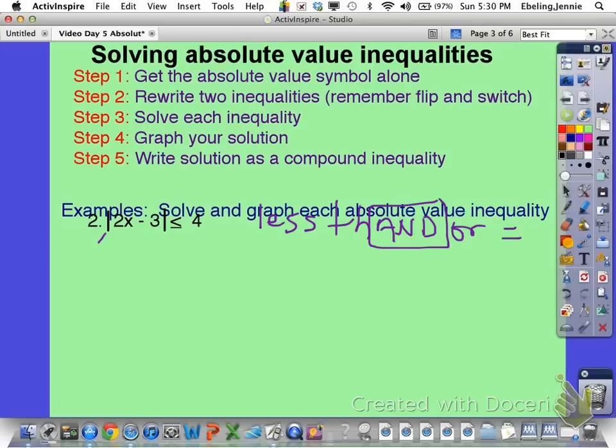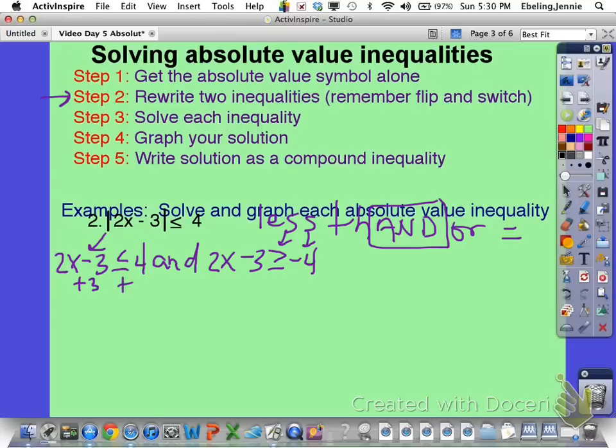So when you go to translate it, you can write it as 2x minus 3 less than or equal to 4. And remember that first inequality on the left should look identical to what's up in number 2, except no absolute value bars. The second inequality I write is going to be 2x minus 3 greater than or equal to negative 4, because I have to do a flip and a flip on the last two pieces, as step 2 up above says. Now I can go through and solve this.